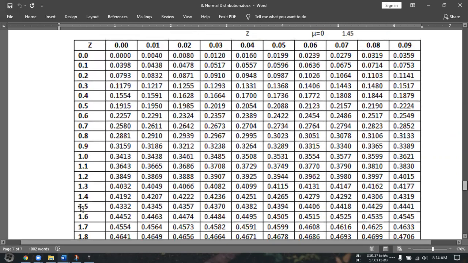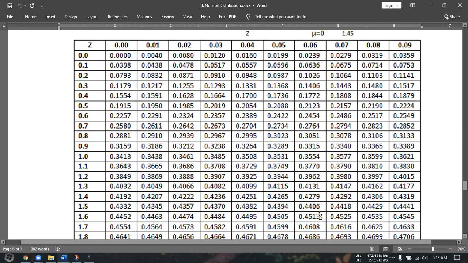1.5. So it is very handy if you print this table, or if it's not possible, just download this and save this in your smartphone or laptop. Okay. So 1.5 and 0, 0, 0, 1, 2, 3, 4, 5, and 6.